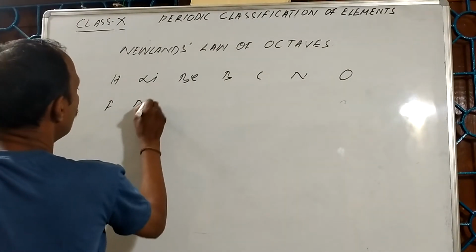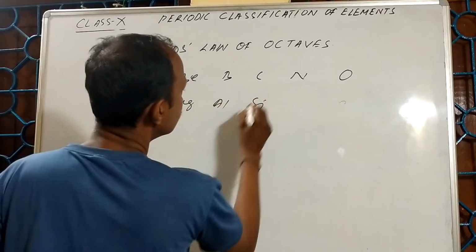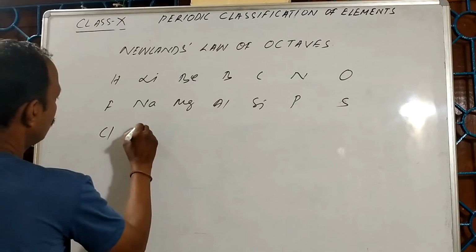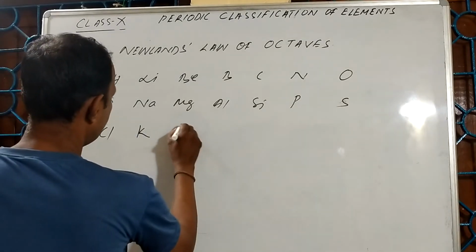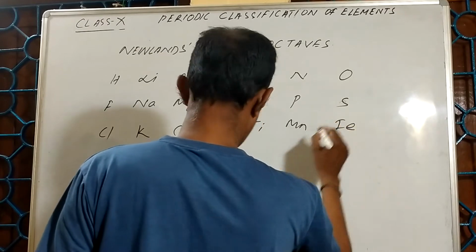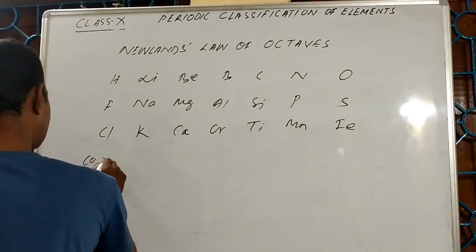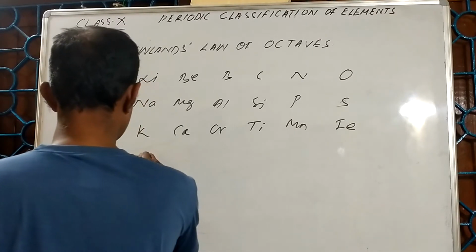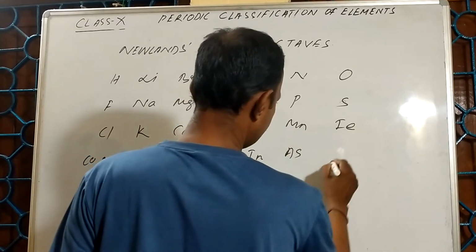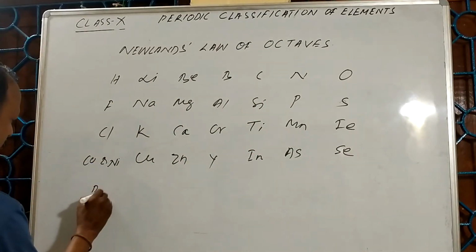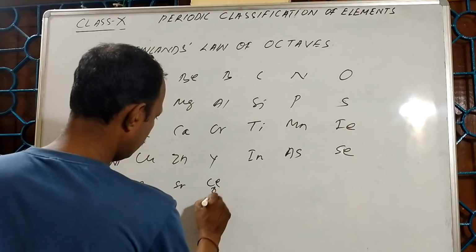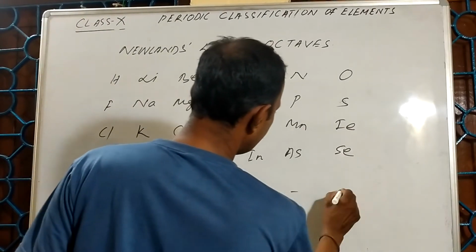Fluorine, sodium, magnesium, aluminium, silicon, phosphorus, sulfur, chlorine, potassium, calcium, chromium, titanium, manganese, iron, cobalt and nickel, copper, zinc, yttrium, indium, arsenic, selenium, bromine, ruthenium, strontium, cesium and lanthanum, zirconium, in this manner.